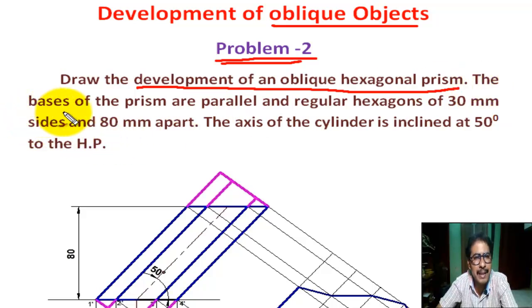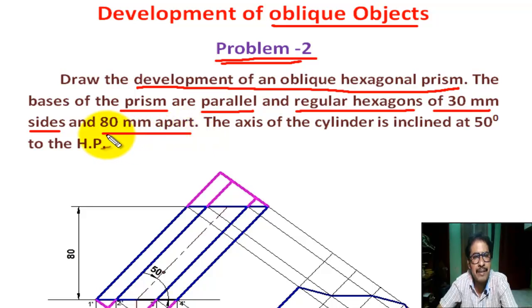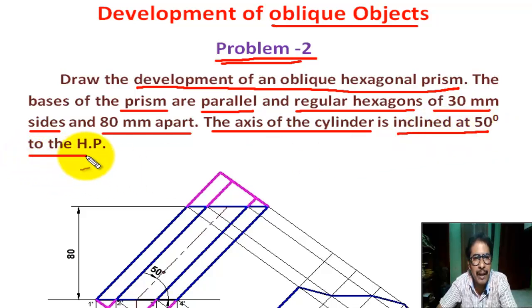The bases of the prism are parallel and regular hexagons of 30 mm sides and 80 mm apart, which means the height is 80 mm. The axis of the prism is inclined at 50 degrees to the HP.